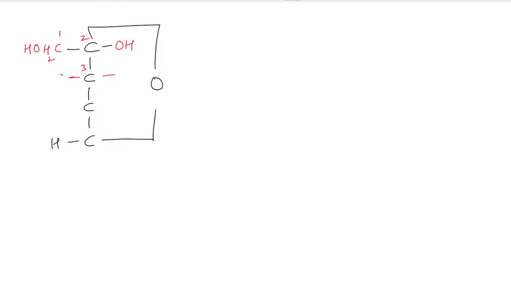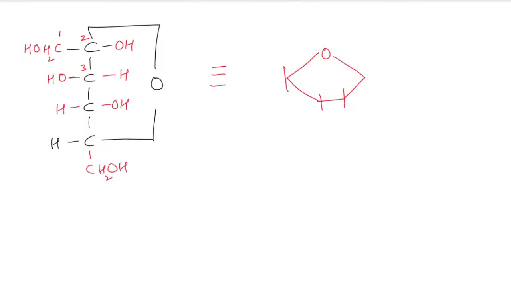On third carbon, keep in mind it is always OH, H, H, OH, CH2OH. So, let us draw its Haworth structure. It is like this. So, this is second carbon, third, fourth and fifth. Okay.